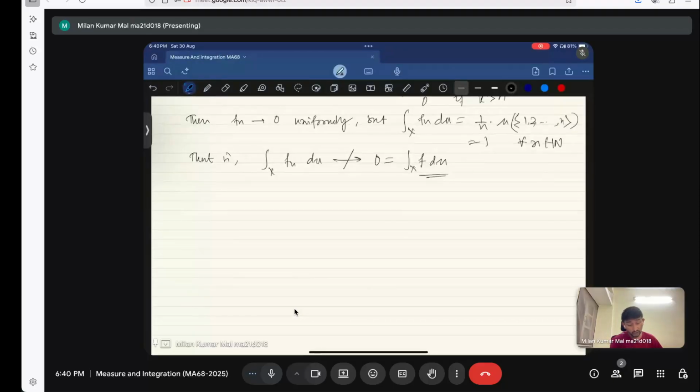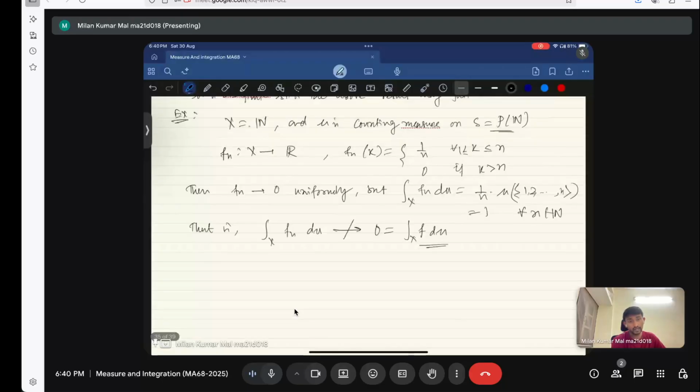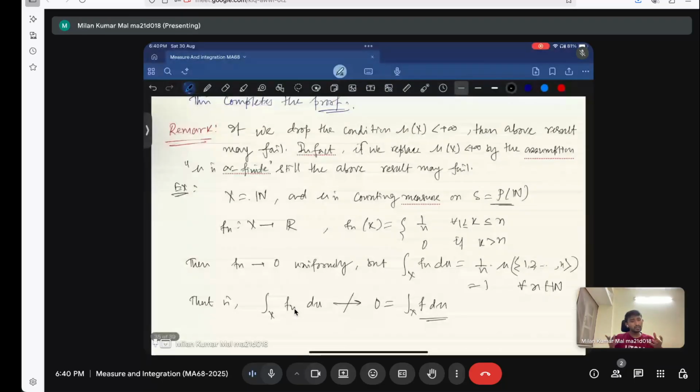Therefore the above result fails here. Note that here the measure mu is sigma finite, because the natural numbers can be written as a countable union of the positive integers, each of which has finite measure, namely one.